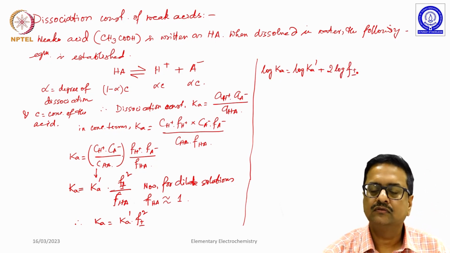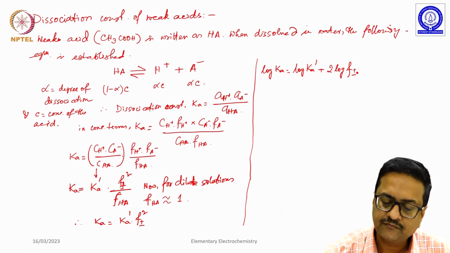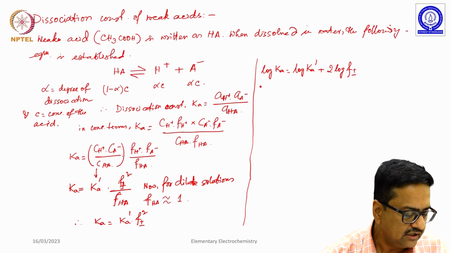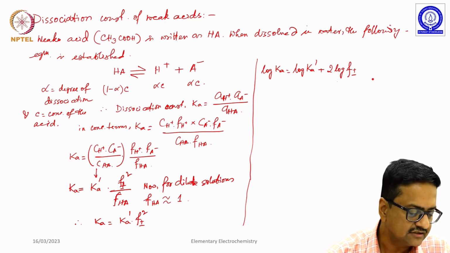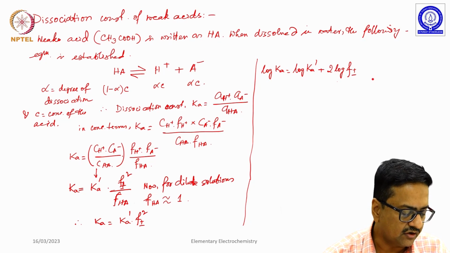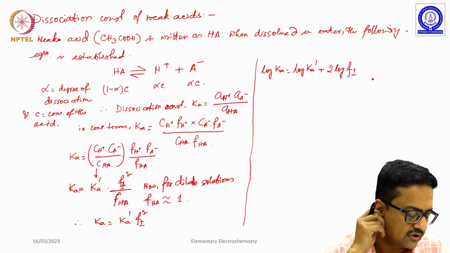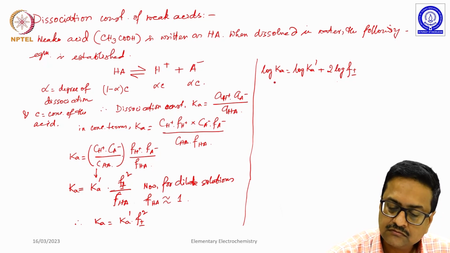So now one can use Debye-Huckel limiting law and replace this log F plus minus by something called the ionic product.